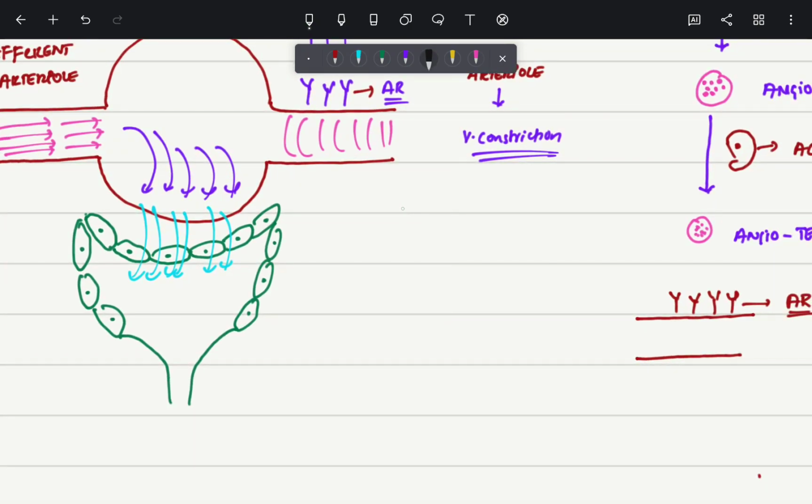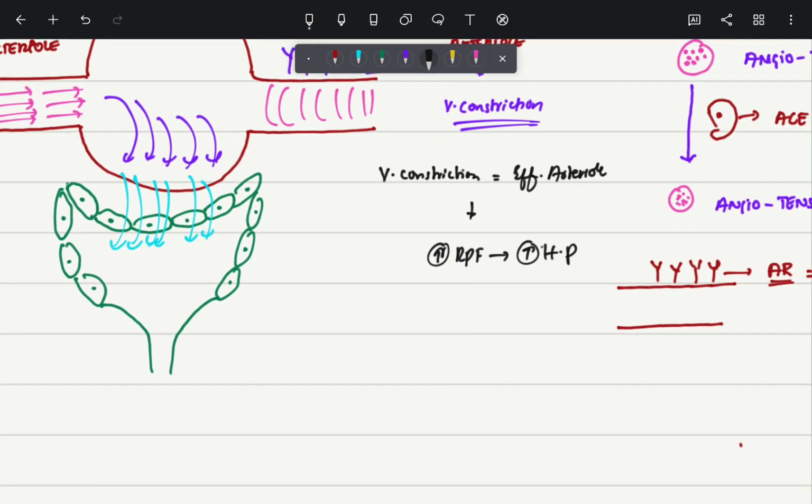So in summary, whenever there is vasoconstriction at the efferent arteriole, there is increased renal plasma flow, which is increasing the hydrostatic pressure and thus increasing the glomerular filtration rate, or the GFR.